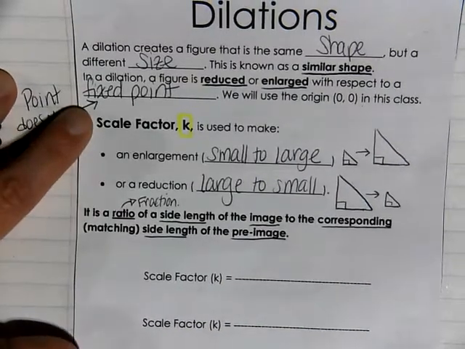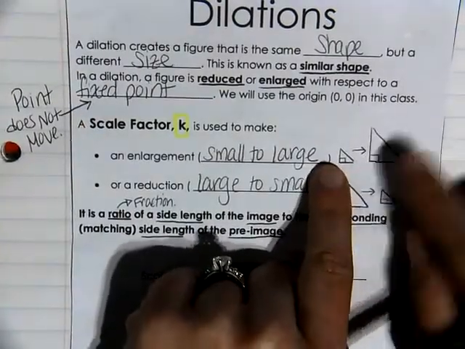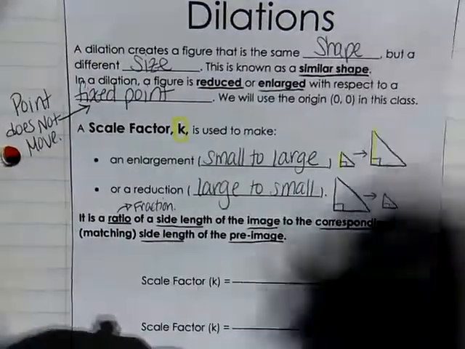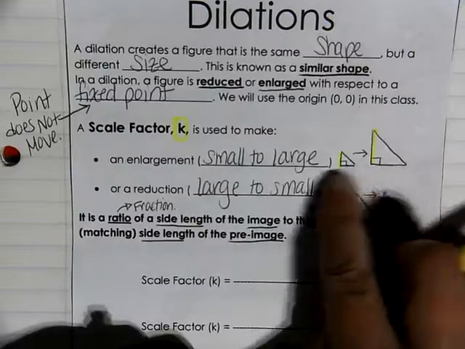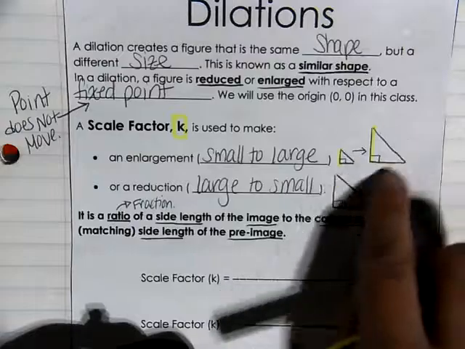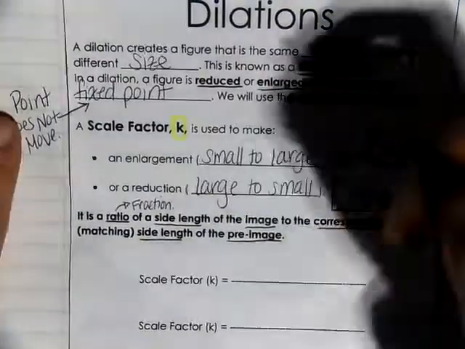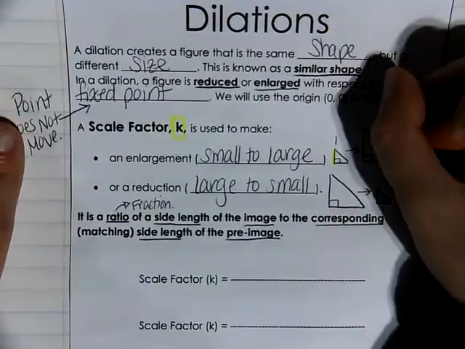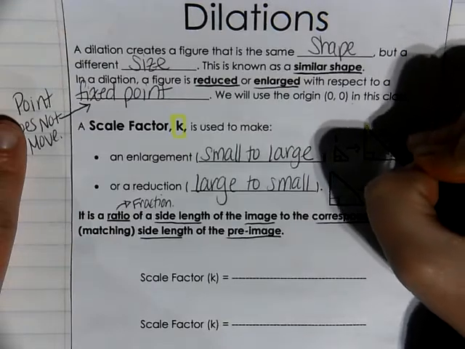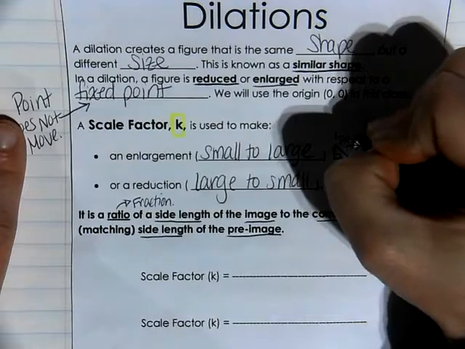The way that you find scale factor is you find the lengths of matching sides. In this case, this side matches with this side. Even though they're not the same exact size, in terms of the figure itself, they match each other. If we're saying that this figure came first and this figure came second, this is going to be your image, and this one is going to be your pre-image.